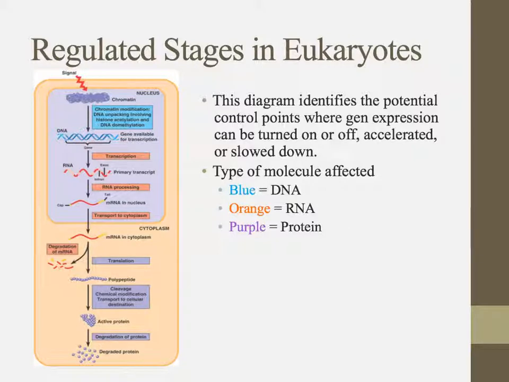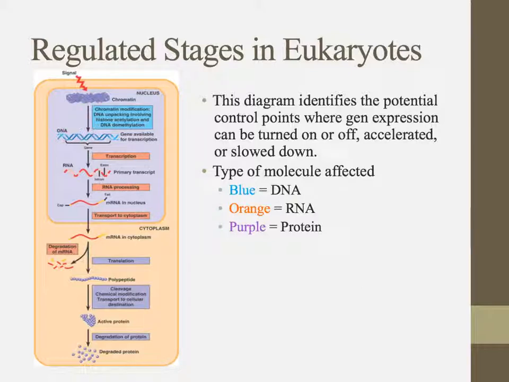Now we're going to divide this section up into all the different regulated stages of eukaryotes. This diagram identifies the potential control points where gene expression can be turned on or off, accelerated or slowed down.